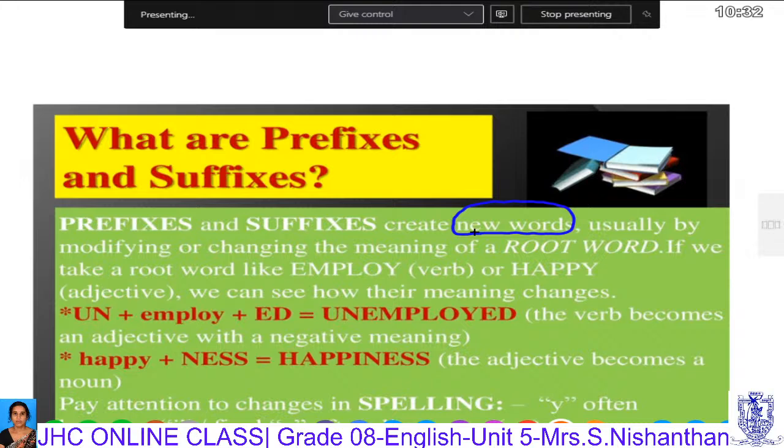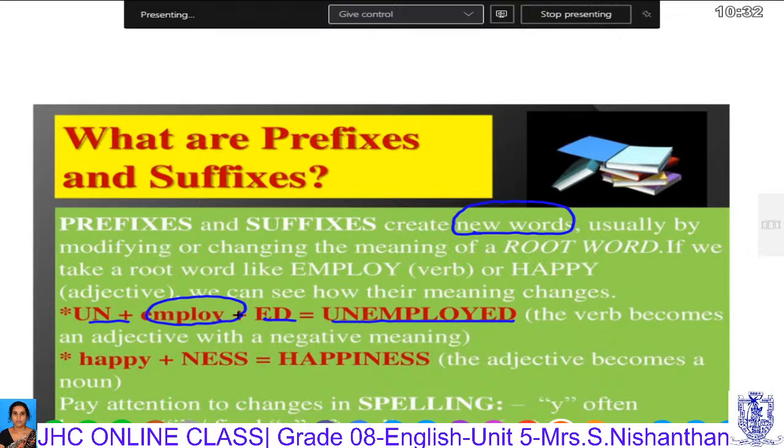We can see how their meaning changes. When adding prefix un plus employ plus suffix ed, it gives unemployed. It was a verb earlier, and now it changed into an adjective. Unemployed students, unemployed people, unemployed graduates.